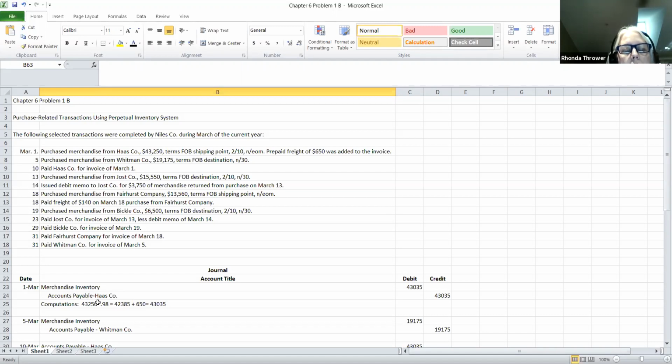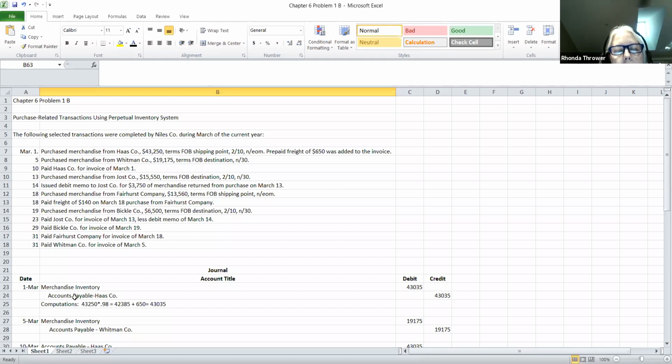One of our creditors is going to be the Haas company, so we want to record how much we owe to the Haas company. This Haas company account will be kept in what we call a subsidiary ledger. A subsidiary ledger is an extra ledger that goes with the general ledger that backs up information in the general ledger.